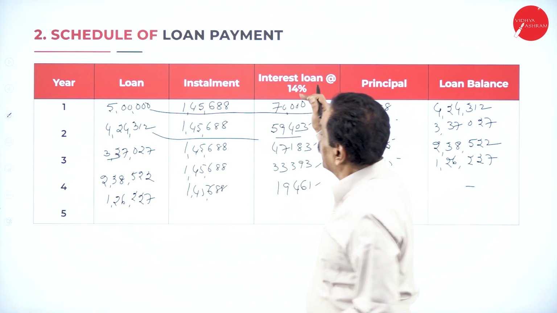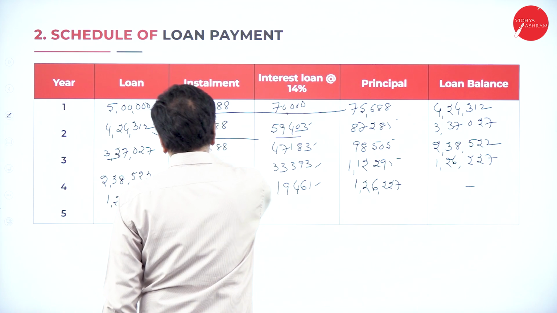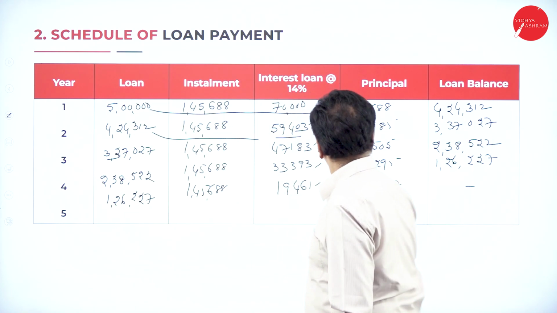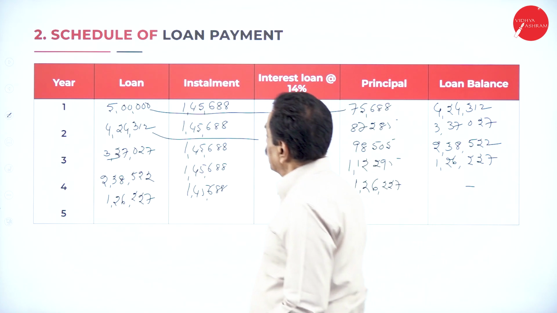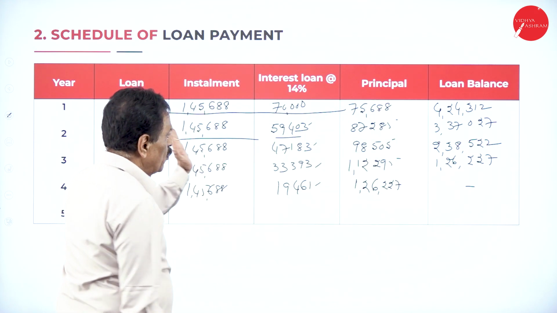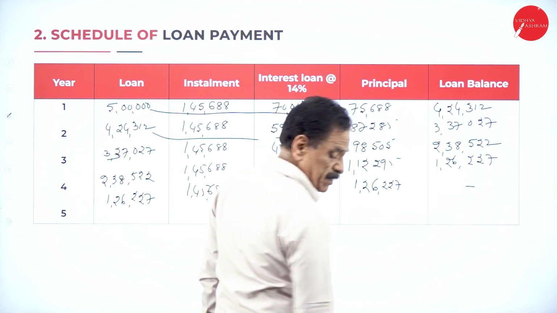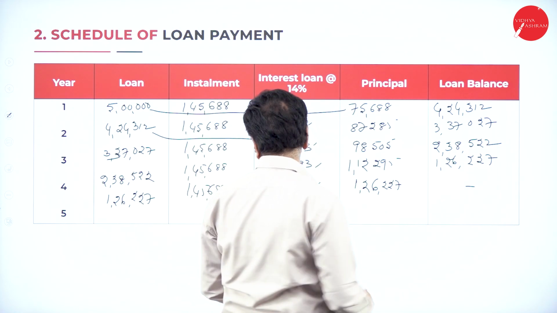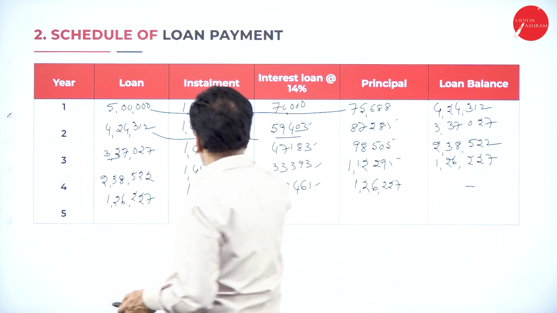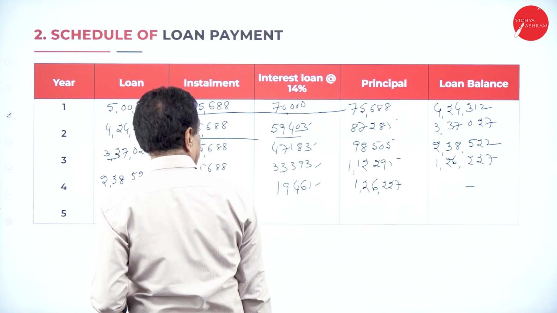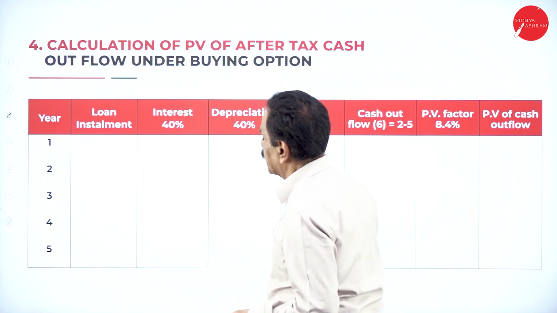Now, this is your cash outflows. Here, loan balance. Whatever the discount here, you have to pay so much money. So how much loan do you have? You are paying so much loan. Then how much you are going to save, you understand. Okay. So this is the 5 lakh amount. Every year, how much do you pay? 1 lakh 45,688, the loan installment.